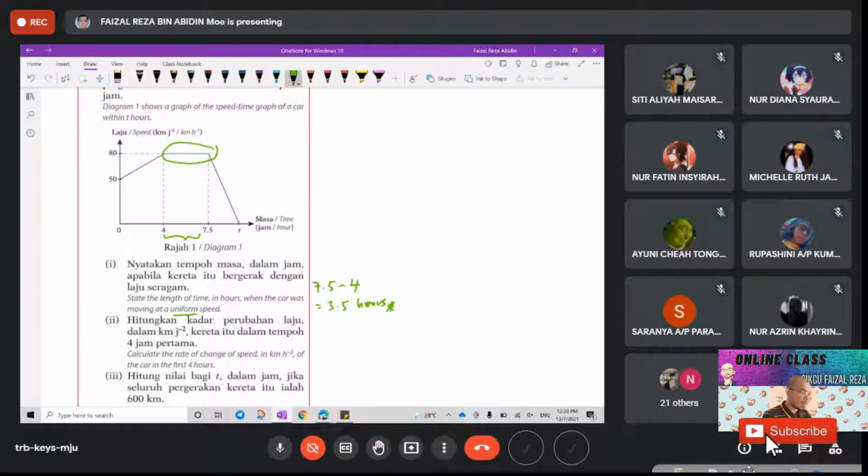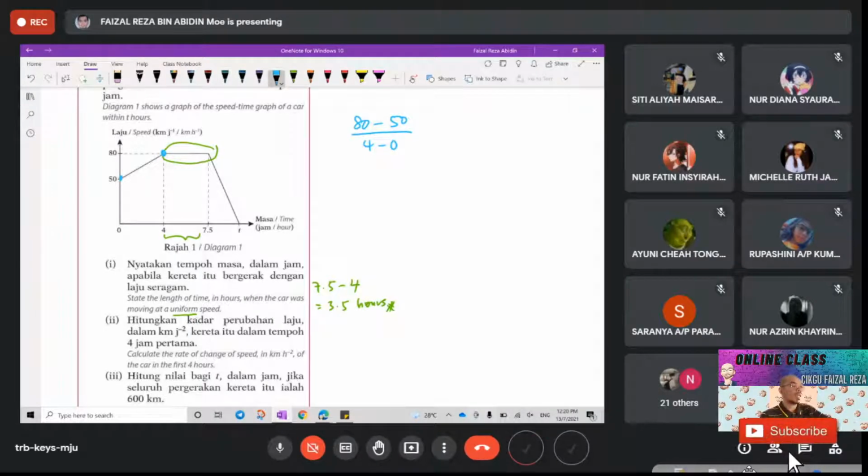Okay, next. Calculate the rate of change of speed in km/h² of the car in the first 4 hours. So for the rate of change of speed, remember you are looking at the final speed, 80, minus the initial speed, 50, divided by 4 minus 0, for our first 4 hours.